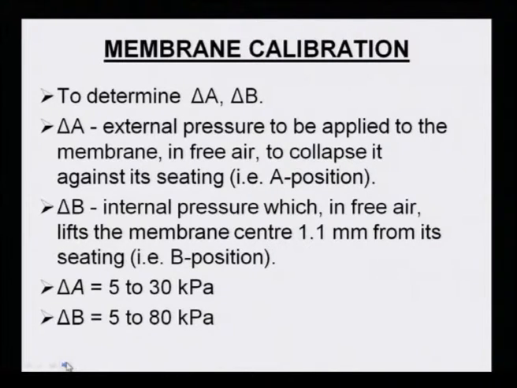One is how much external pressure is applied to the membrane, then the internal pressure, which in free air lifts the membrane center 1.1 mm from its sitting position. Generally delta A 5 to 30 kPa, and delta B 5 to 80 kPa have been taken.